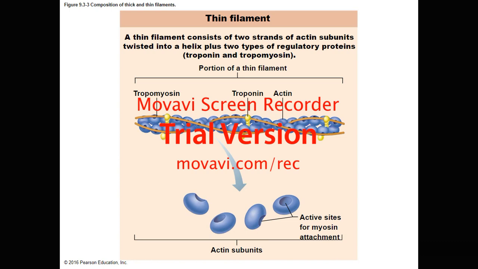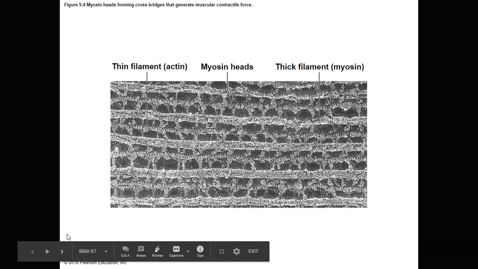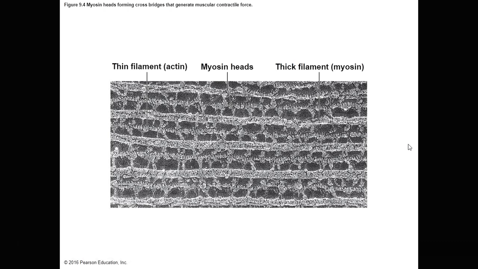You see that on the actin subunits. And this looks like a scanning electron microscope image of thin and thick filaments, and you can see the myosin heads.